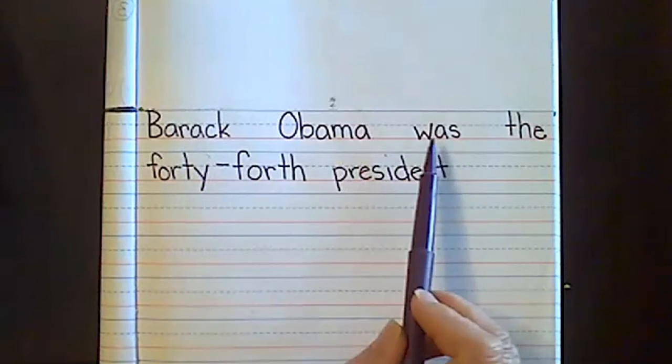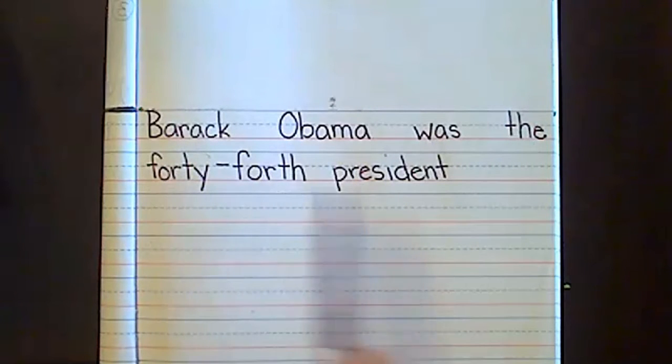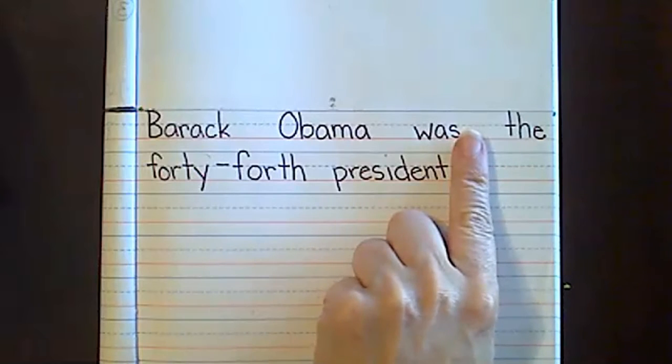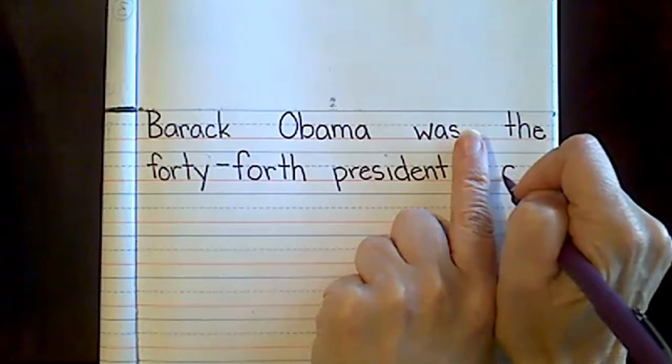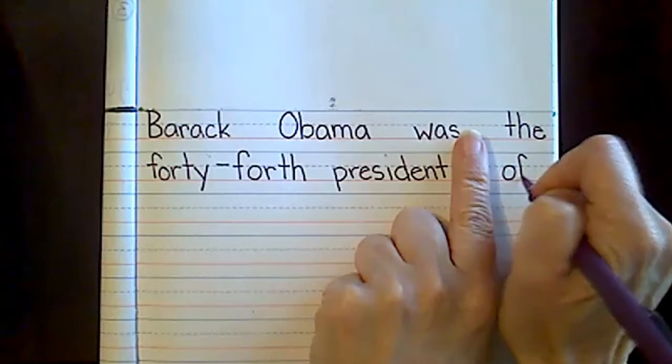Barack Obama was the 44th president of. Of is another flash word, one of your red words. So we know that we can look at a resource to find of, which is O-F.